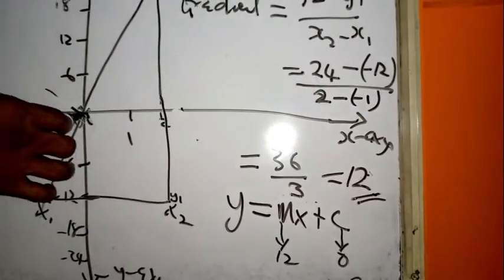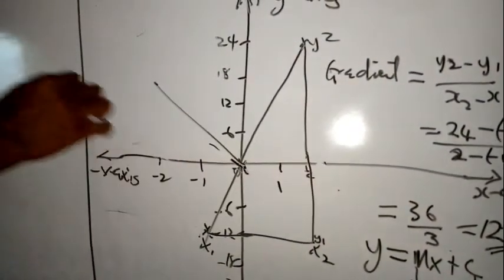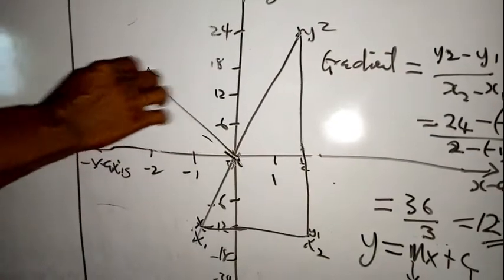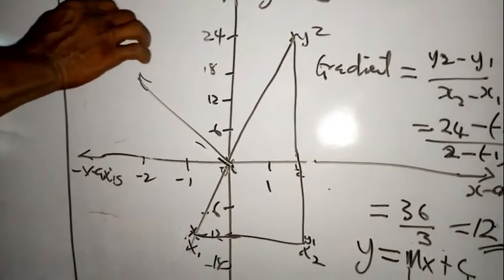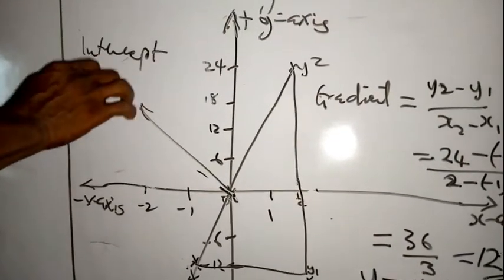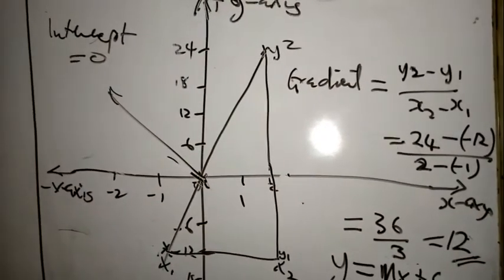So if you look at your graph, you discover that the intercept is equal to 0.